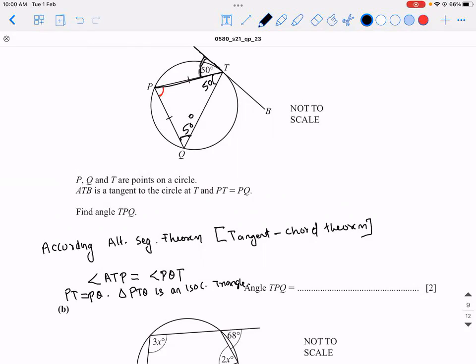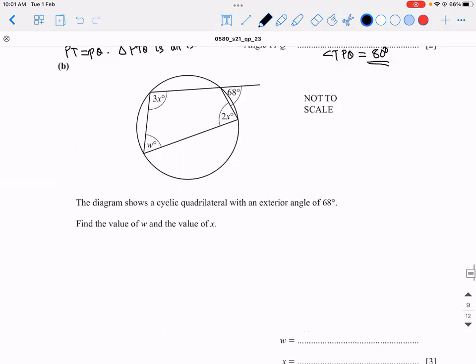So angle TPQ plus 50 plus 50 add up to give 180. Therefore, angle TPQ has to be 80 degrees. So the answer for this question is 80 degrees.